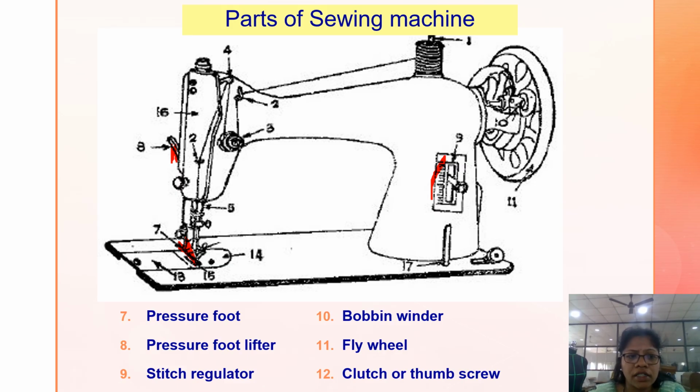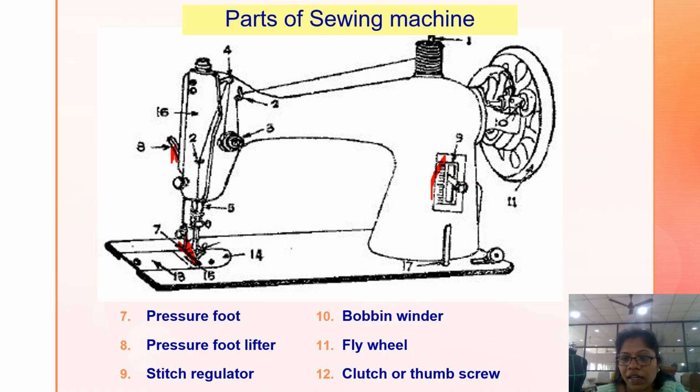Some machines will have regulators for reverse stitching also. In a normal domestic sewing machine, we can have that facility. If we completely put it down, the 0 to -5 range is also available. If we pull it to -5, it will automatically stitch in the reverse direction.